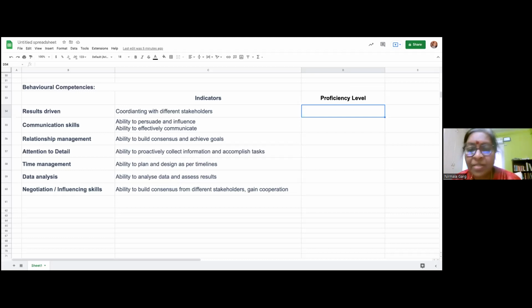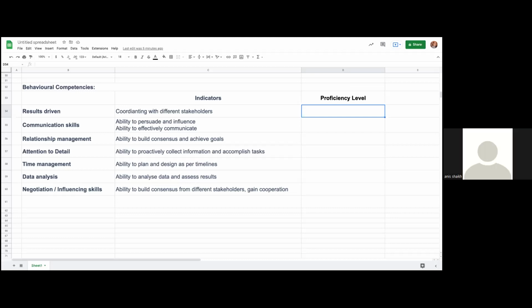Got it? Guys, can we quickly do another small exercise so that you all understand, because there'll be a homework for you all. We will do it as a group here. Interpersonal skills. Who is doing this work?